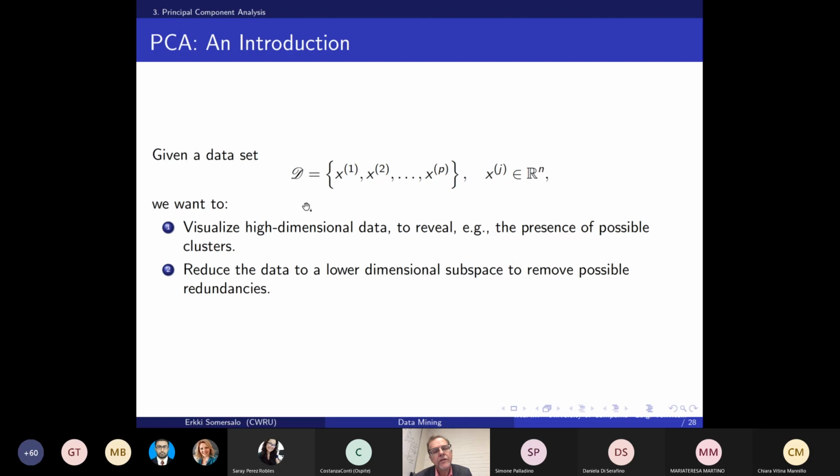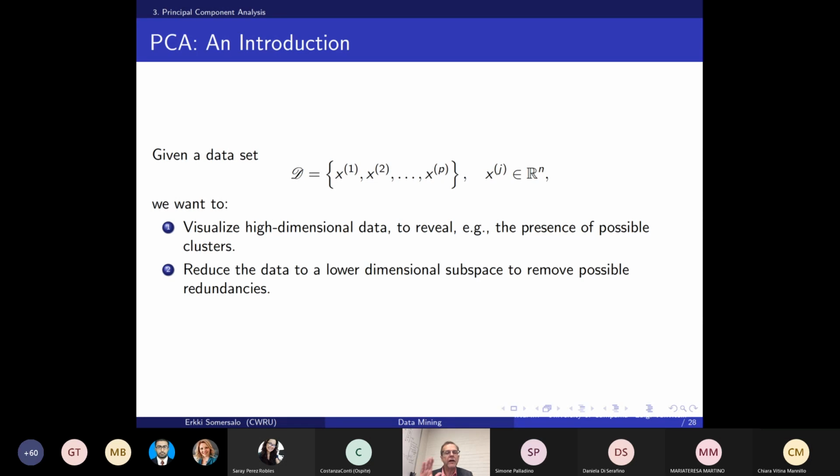Okay, so here is a question. Suppose you are given a set of data. So x1, x2, etc., xp, they are data vectors. They could be some patient data, for instance. They could be some sales data of people buying different things. They could be images.